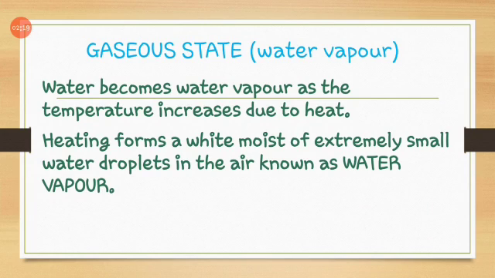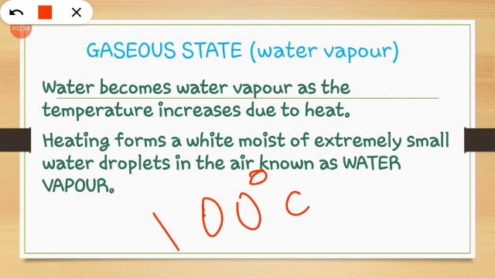Heating forms a white moist of extremely small water droplets in the air, known as water vapor. When heating at 100 degrees Celsius, water becomes water vapor.